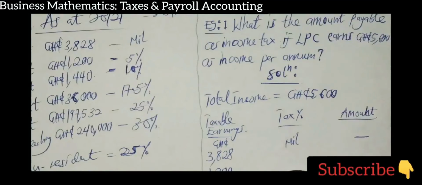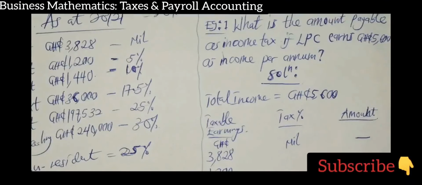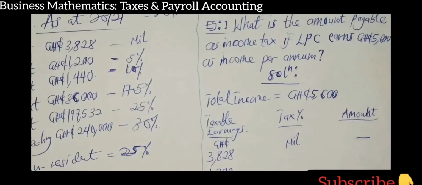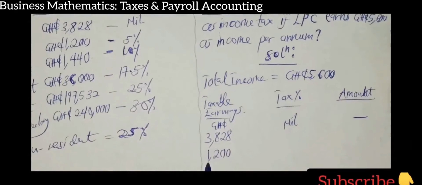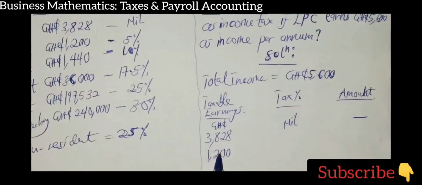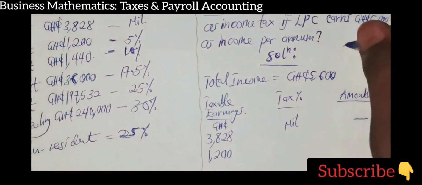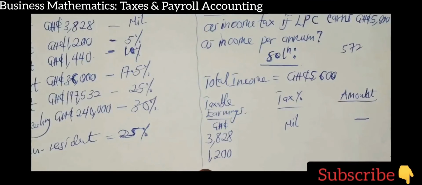Since I was able to get 1,200 from the remaining 1,772, I can safely apply my 5% on the 1,200 to get my tax for that level. We have a balance of 572, which is what is left after taking the 1,200 chargeable taxable earnings.